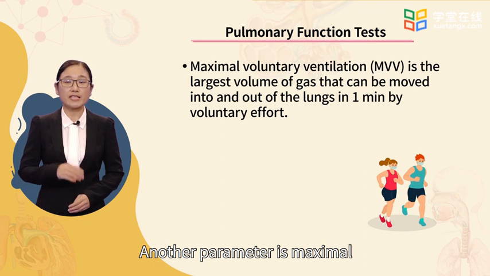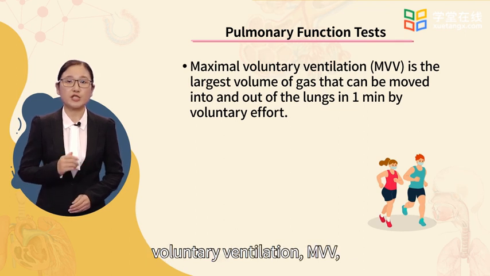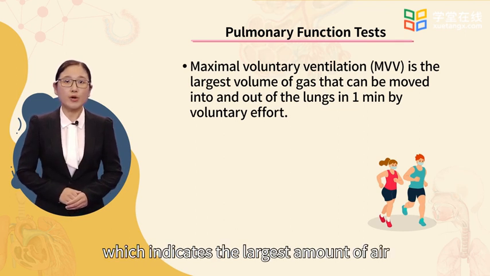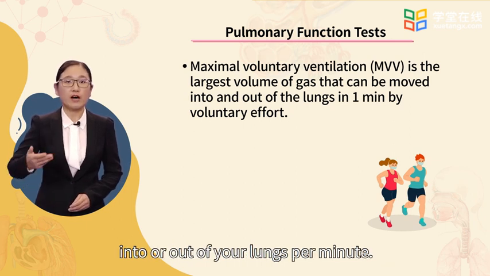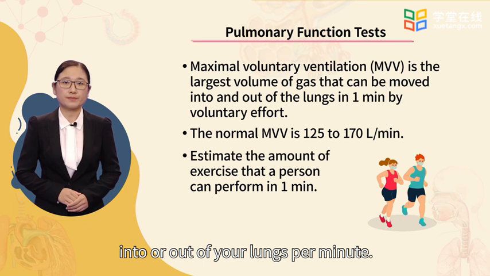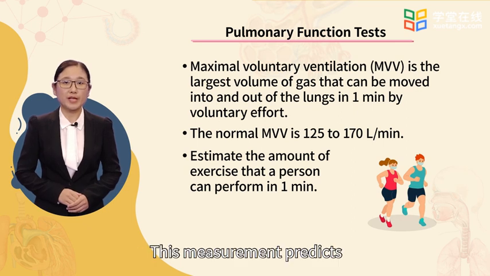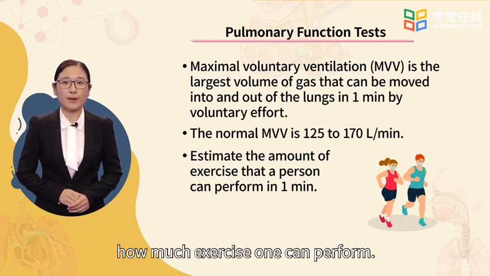Another parameter is maximal voluntary ventilation, MVV, which indicates the largest amount of air into and out of your lungs per minute. This measurement predicts how much exercise one can perform.